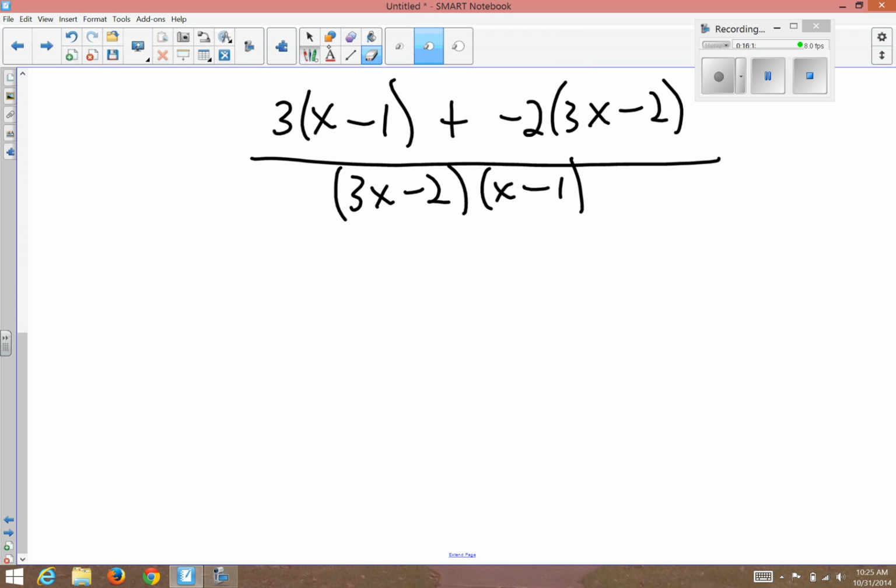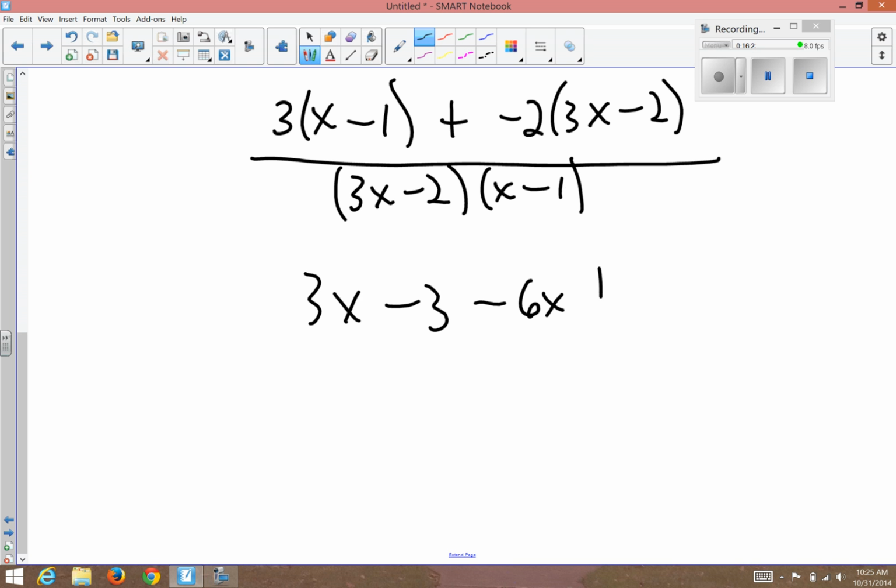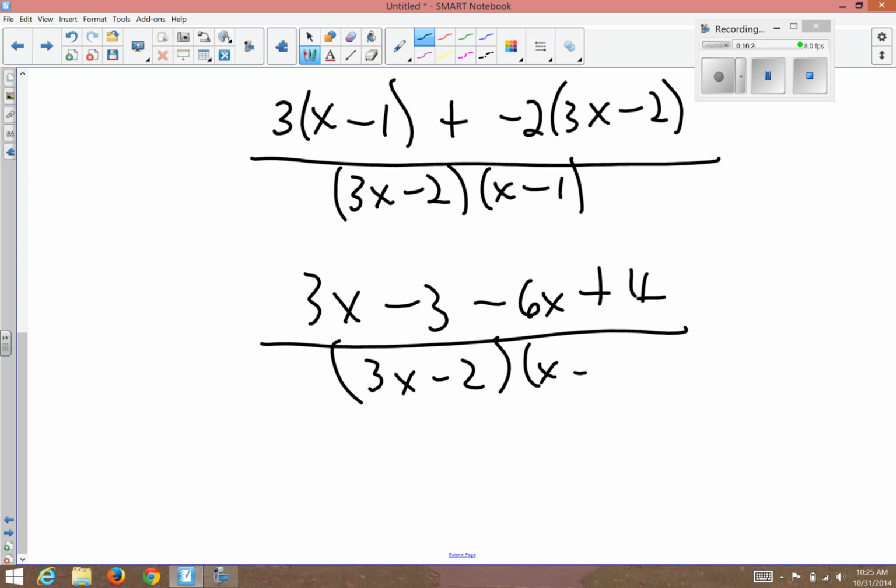Distribute. This is 3x minus 3. This is negative 6x plus 4 over 3x minus 2 times x minus 1.